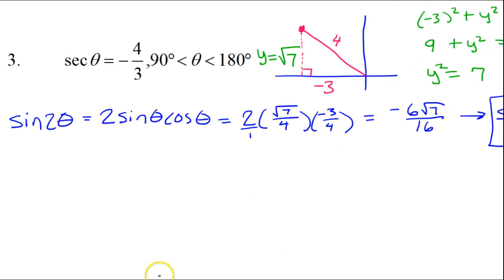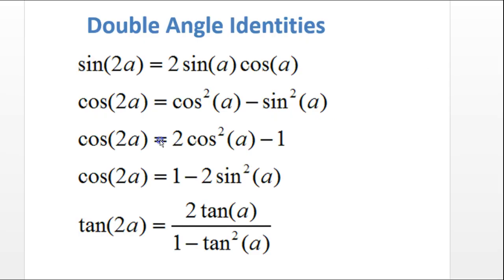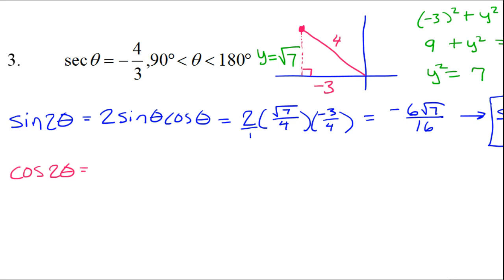Alright, so that is the first thing that we were supposed to find. Now let's go back and find cosine 2 theta. Alright, according to the formula, cosine 2 theta is cosine squared minus sine squared. Okay, so it's going to be cosine squared theta minus sine squared theta.